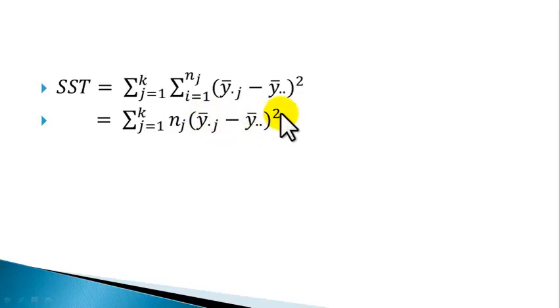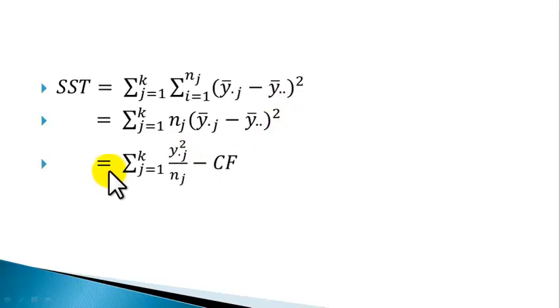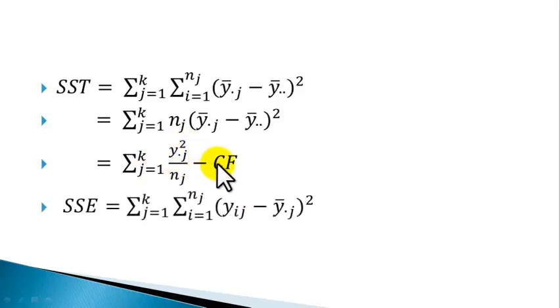And this we can simplify to obtain the sum over j from 1 to k of y dot j squared over nj, minus the correction factor CF. Also, the sum of squares of error SSE is defined to be the sum over j from 1 to k, sum over i from 1 to nj of (yij minus y bar dot j) all squared.